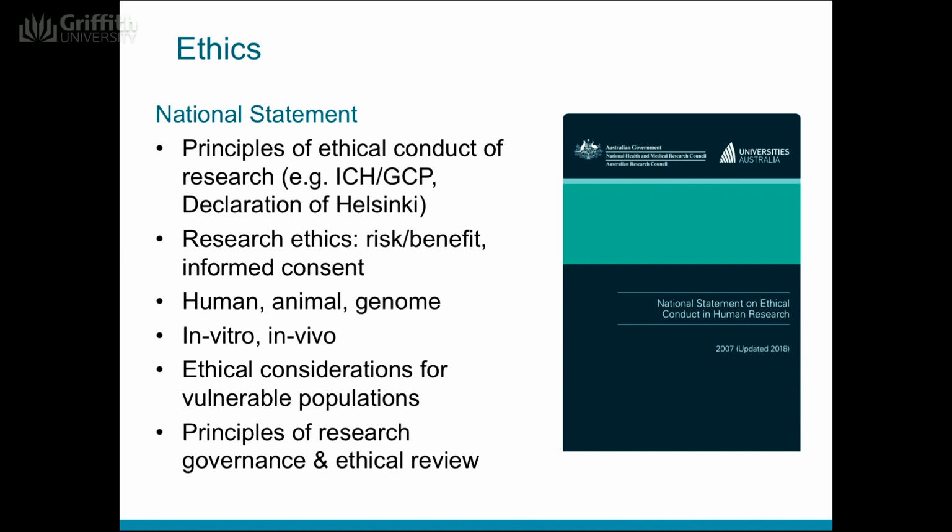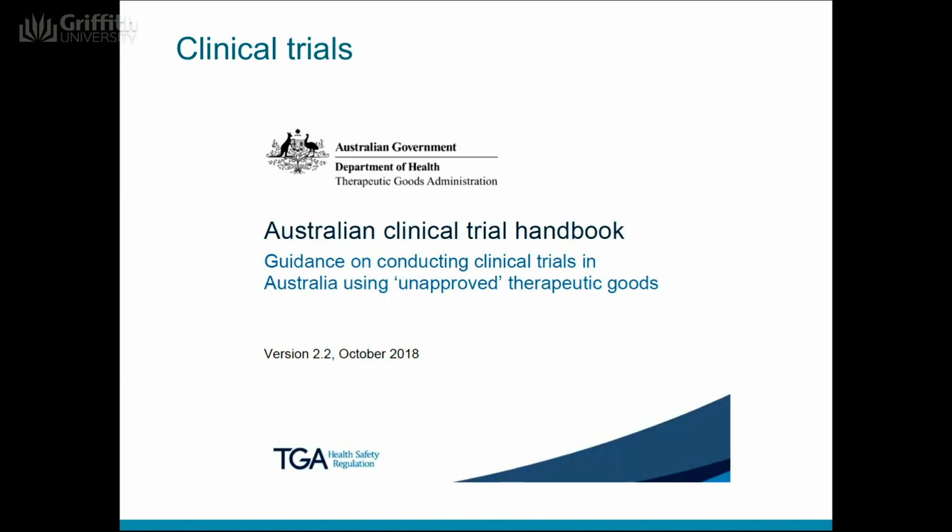There's ethical considerations for vulnerable populations, such as Indigenous, Aboriginal and Torres Strait Islander peoples, the elderly, people with impaired capacity, young children, etc. And the national statement also covers principles of research governance and ethical review. If you're doing a clinical trial, then you would also be consulting the Australian Clinical Trials Handbook, which provides governance on conducting clinical trials in Australia.